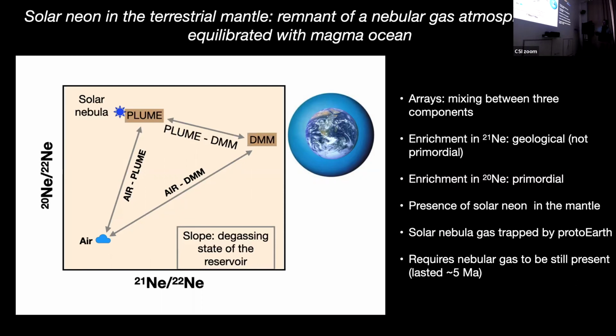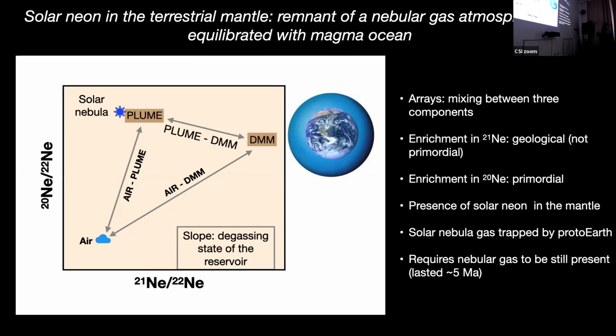In this diagram, all the variation can be understood as mixing with atmospheric neon, because atmospheric gases are ubiquitous in the Earth's interior. There is hydrothermal circulation and so on, so there's always some contamination. But what is important here is that you have a pole rich in neon 20, which is identical to the solar.